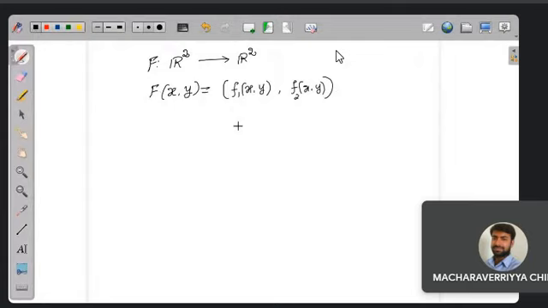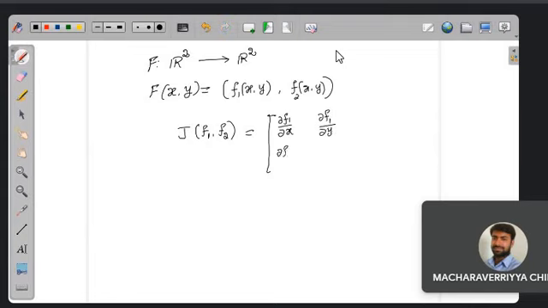Okay. So now if you talk about the derivative of a function, the one which is going to help us is the Jacobian. Okay. So now you see what is the Jacobian matrix of this one. So the Jacobian of f1 comma f2 is nothing but the derivative of f1 with respect to x, next, sorry, derivative of f1 with respect to y.